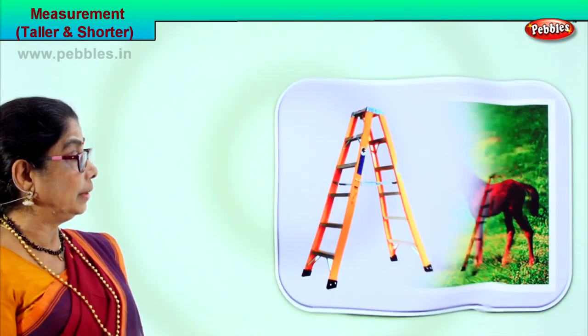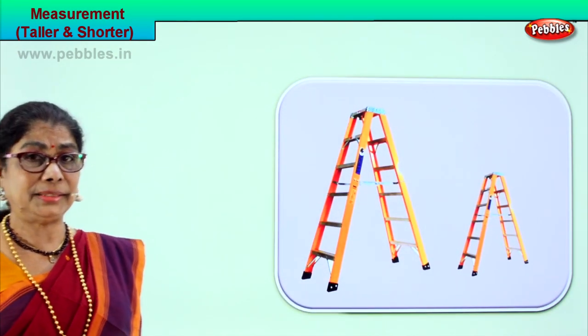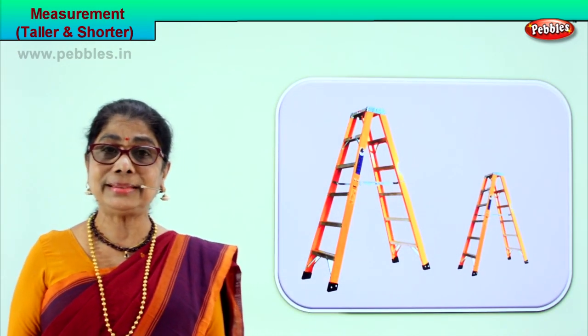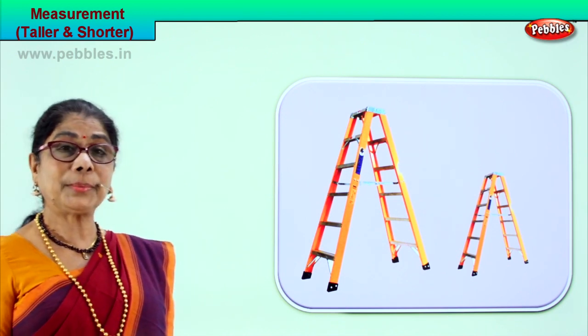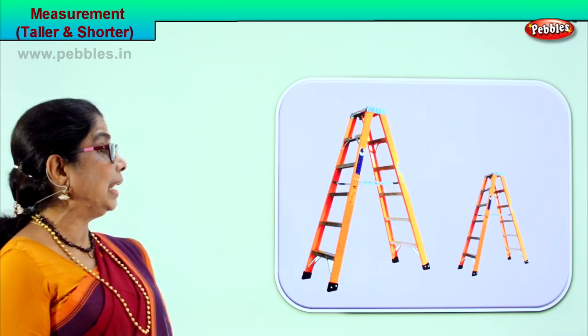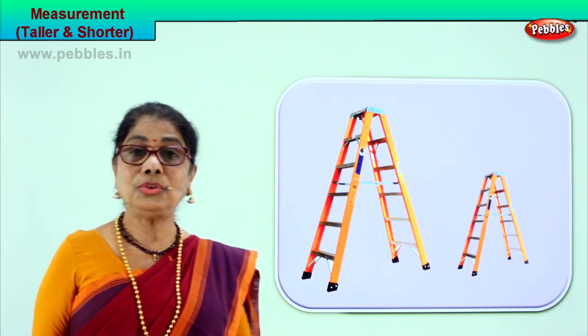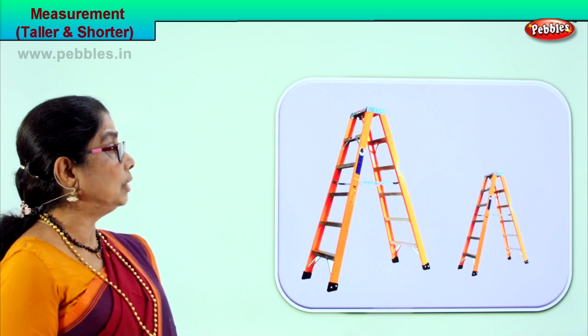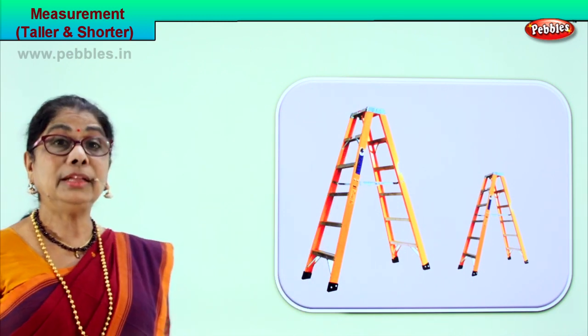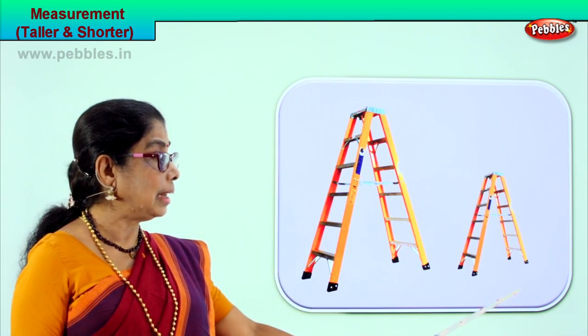Let's look at another picture. Look what we have here. We have two ladders here. Who uses ladders? Yes, those who climb on the trees, on the electric pole, they use ladders or to climb onto the roof of the house. This ladder is taller than this ladder.